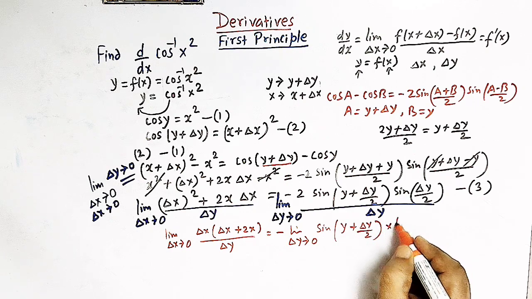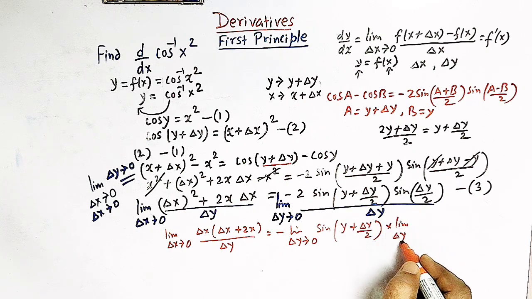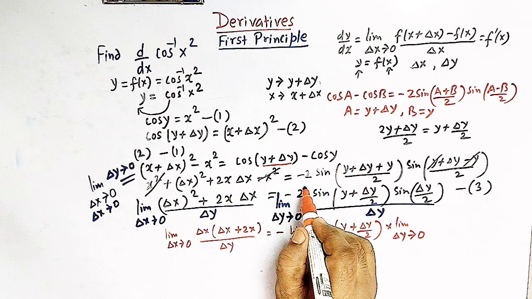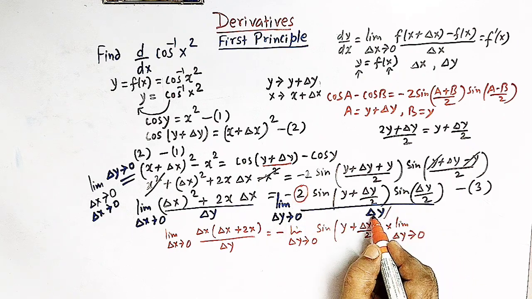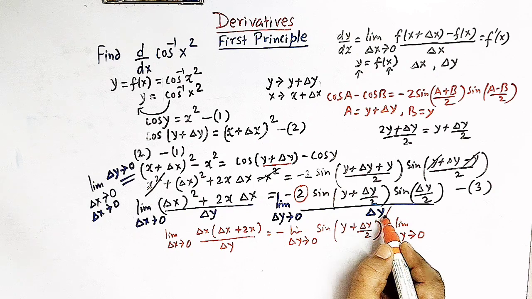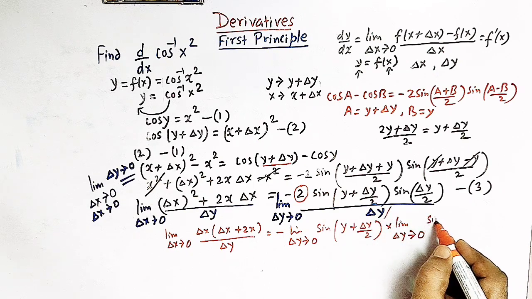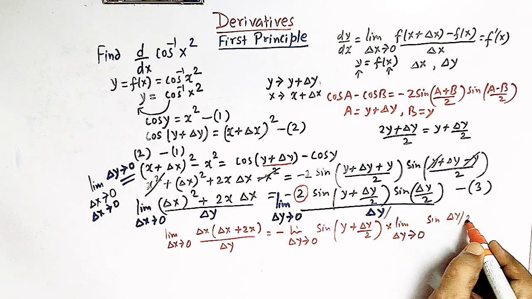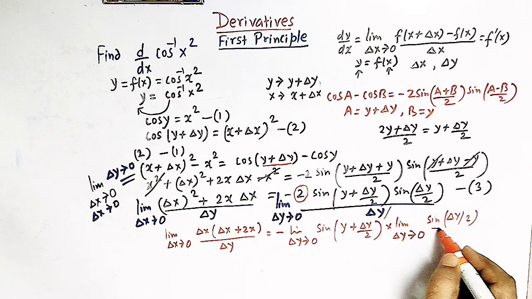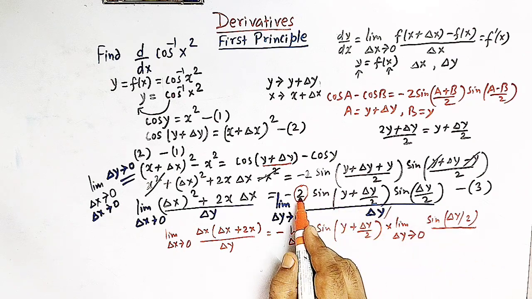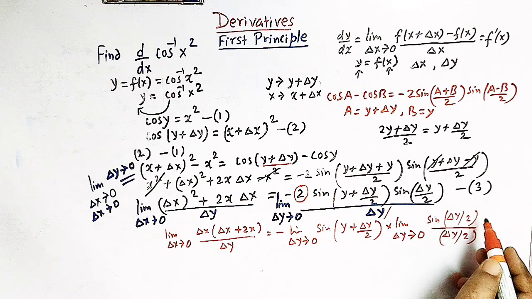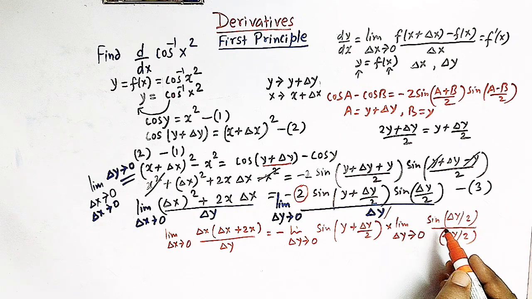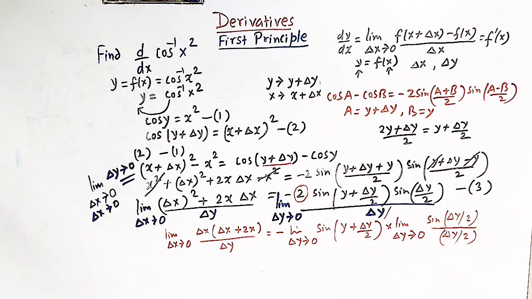Then we can write limit delta y tends to 0, and this 2 can be taken in the denominator of delta y, right? So that we have sine of delta y over 2 divided by delta y over 2, so that we can convert this limit into the form that is limit theta tends to 0 sine theta over theta.